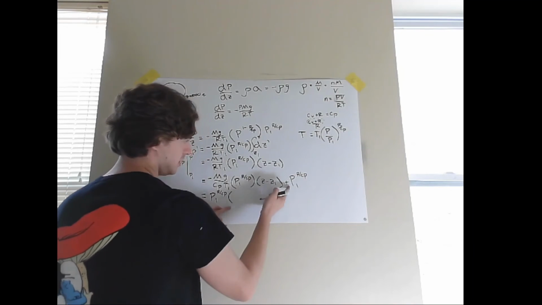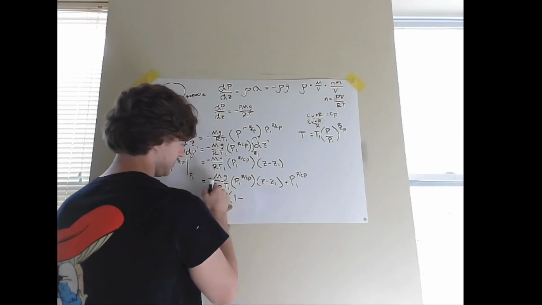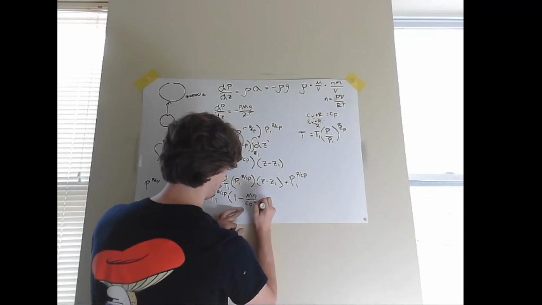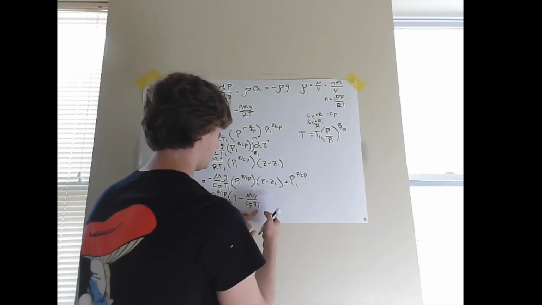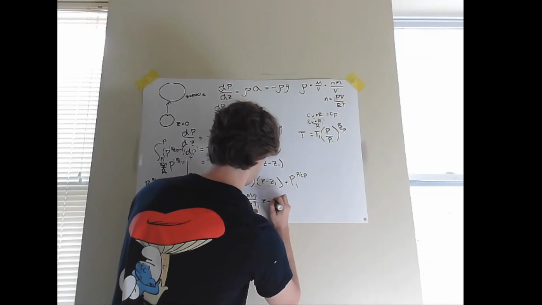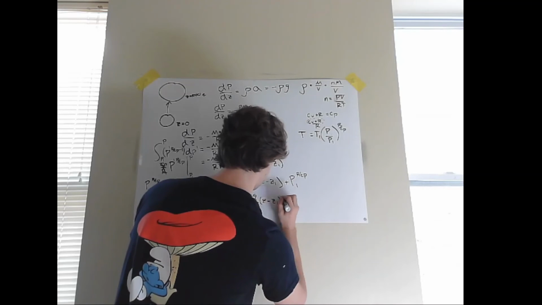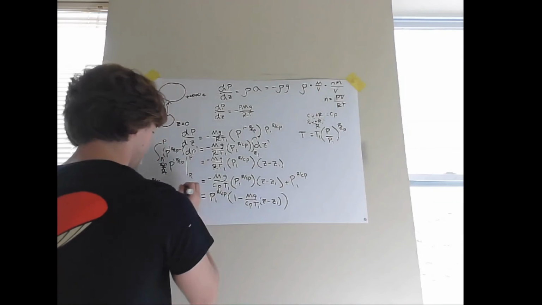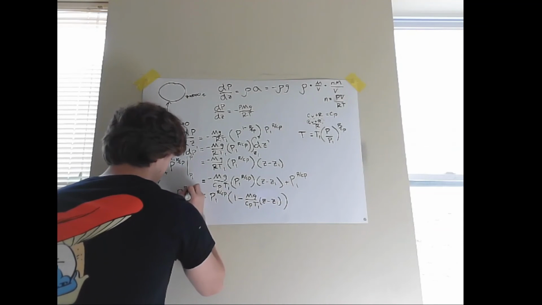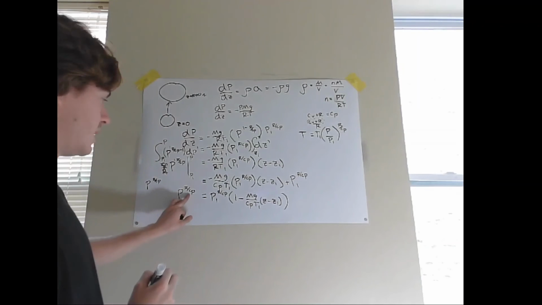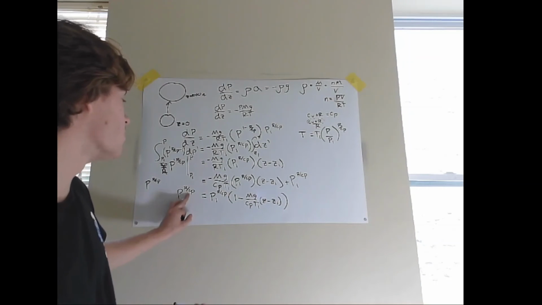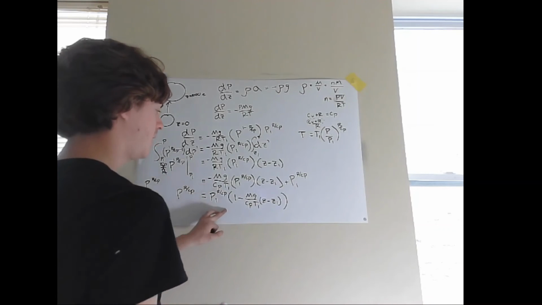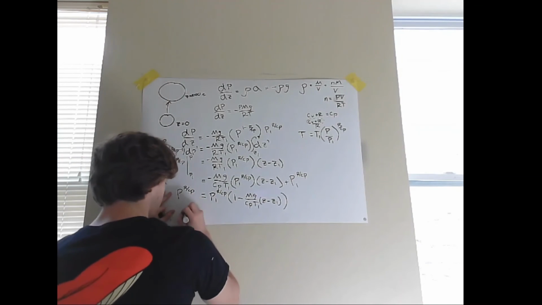So this first term is 1, and then minus this term, which is just mg over Cp times the temperature at the starting altitude, times Z minus Z1. That looks good. And then we're just left with P to the R over Cp on this side. To get rid of this exponent, we need to take the R over Cp root. So that is just going to cancel out here. And we'll get pressure alone.